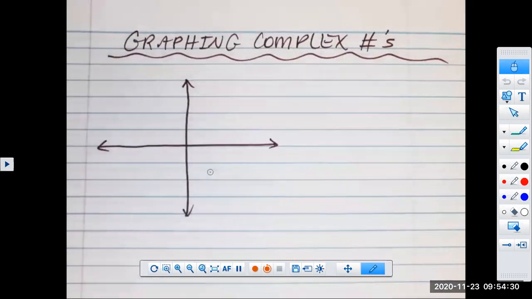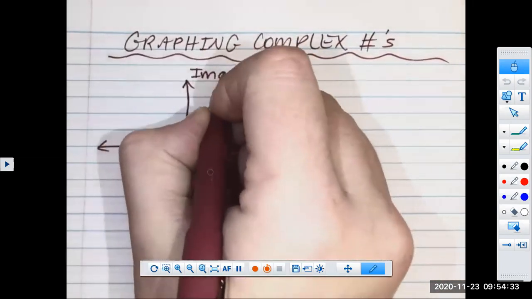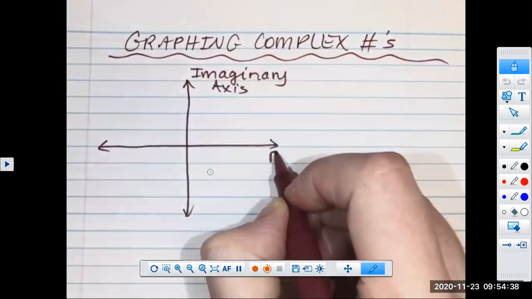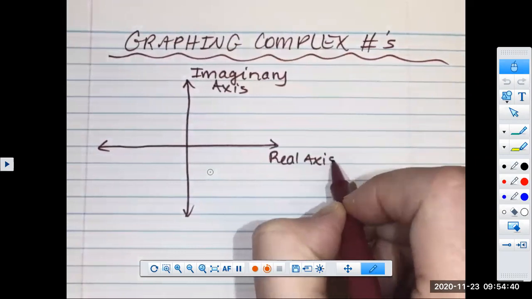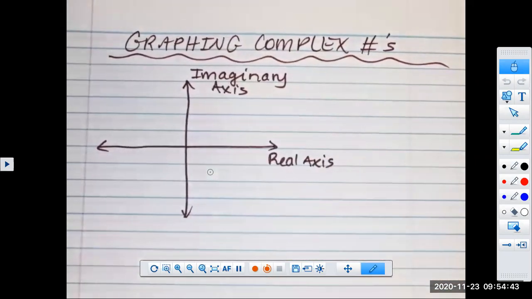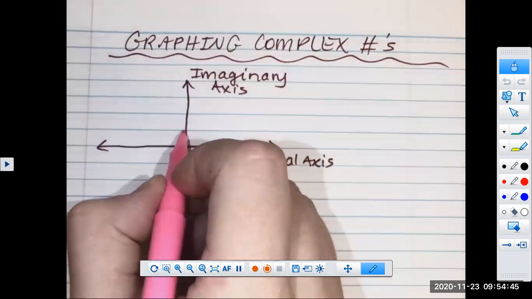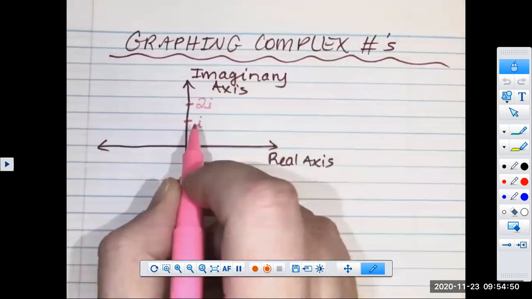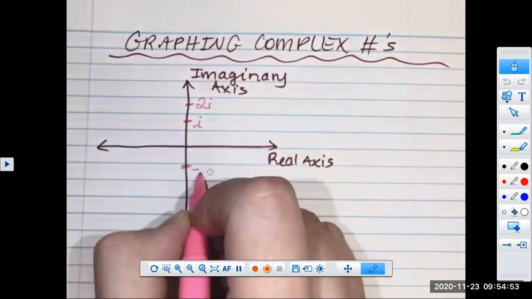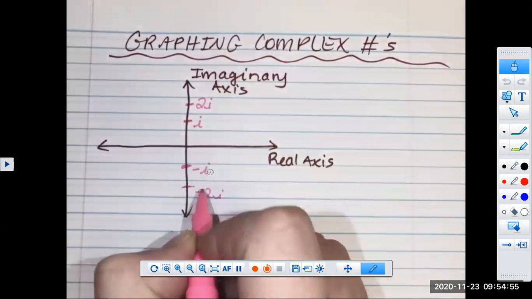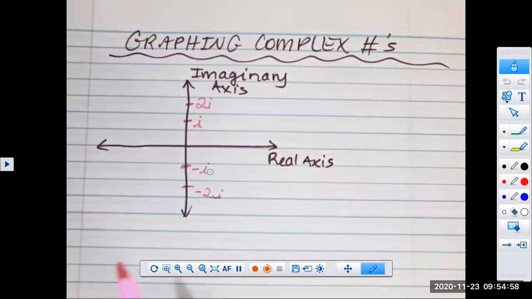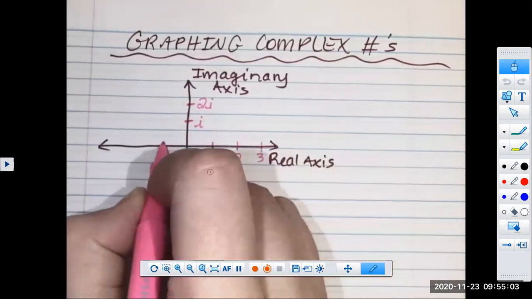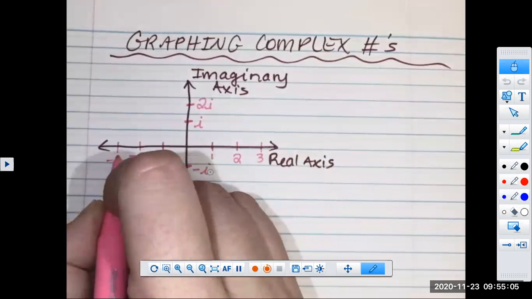But in the complex number system, this is your imaginary axis, and this is your real axis. So this is what it would look like. On your imaginary axis, you would have like 1i, 2i, negative i, negative 2i, and so on. On the real number axis, of course, we would just say this is 1, this is positive 2, this is 3, and so on. Negative 1, negative 2, negative 3.